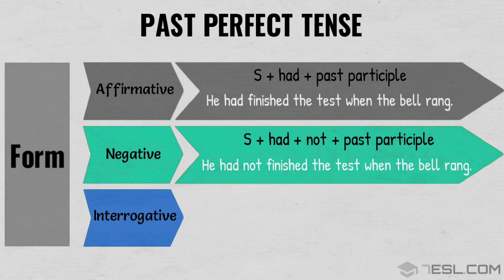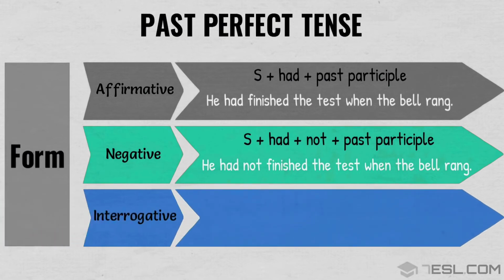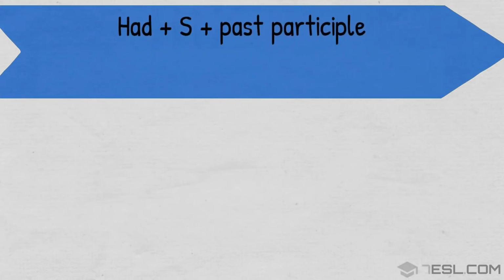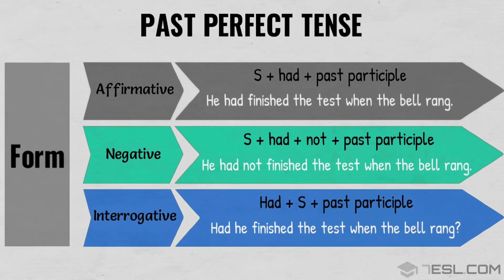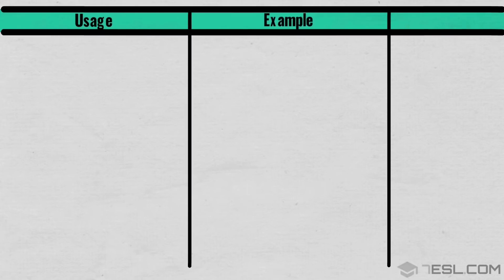Interrogative. Had plus subject plus past participle. Had he finished the test when the bell rang? Usage. Example.